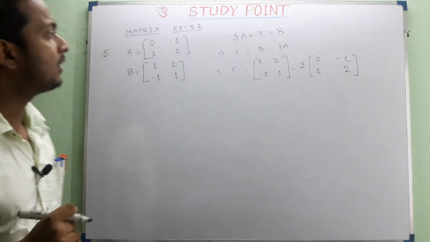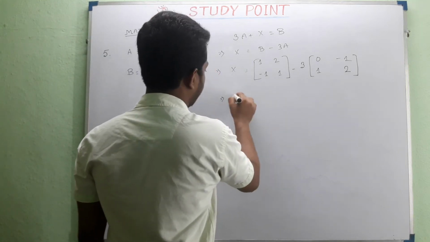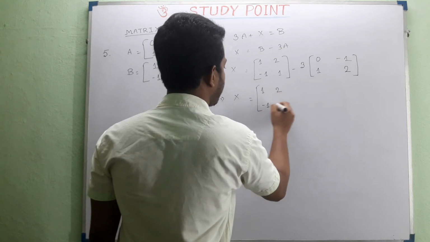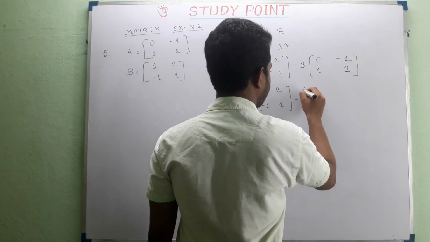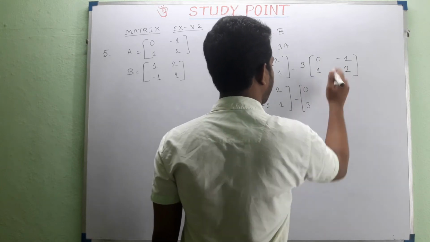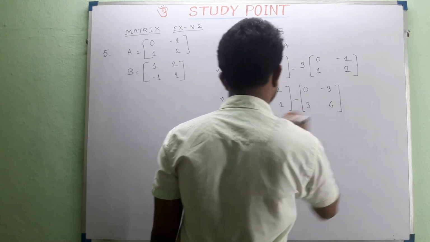We just have put the value of B matrix and A matrix over here. See, by solving, the same thing will be here, but after multiplication, 3 into 0 it will be 0, 3 into 1 it will be 3, 3 into minus 1 it will be minus 3, 3 into 2 it will be 6.